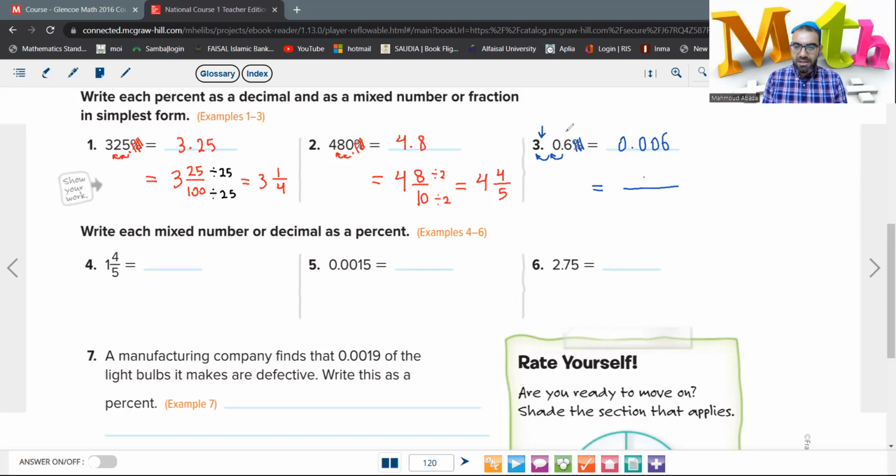So you write it down as 6 over 1,000. Then you simplify. Divide by 2 up. Divide by 2 down. This is going to be 3 over 500 as a fraction in simplest form.